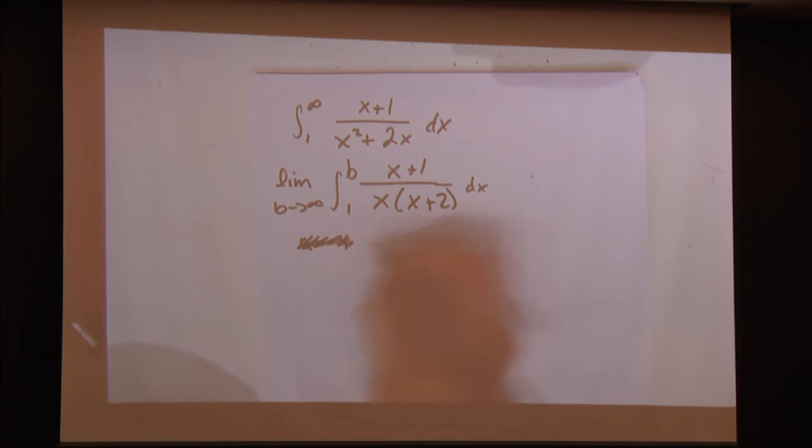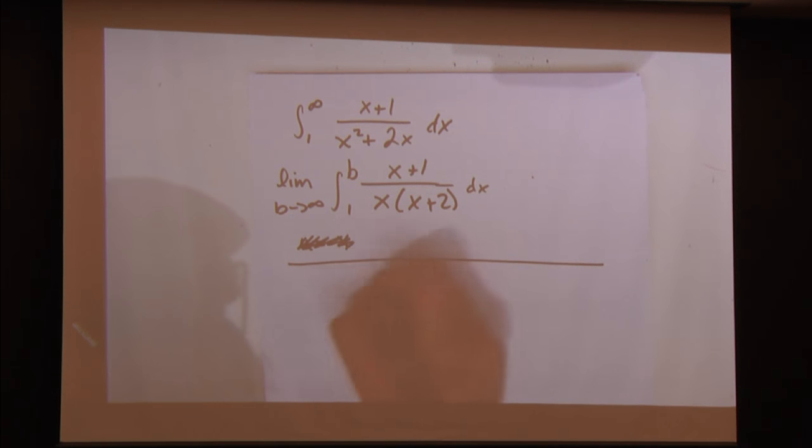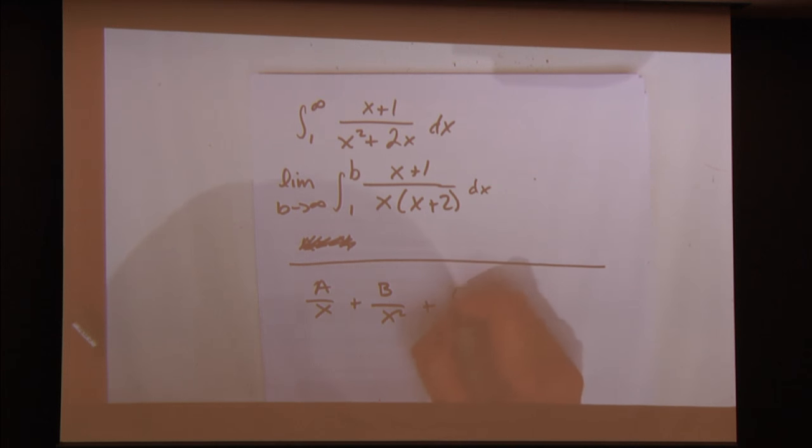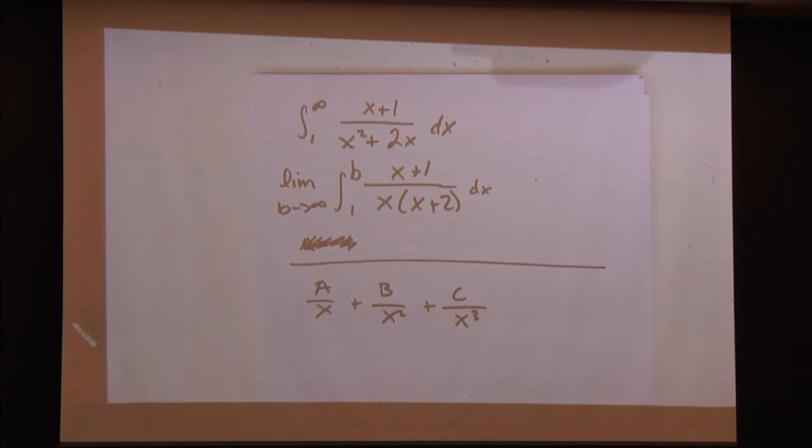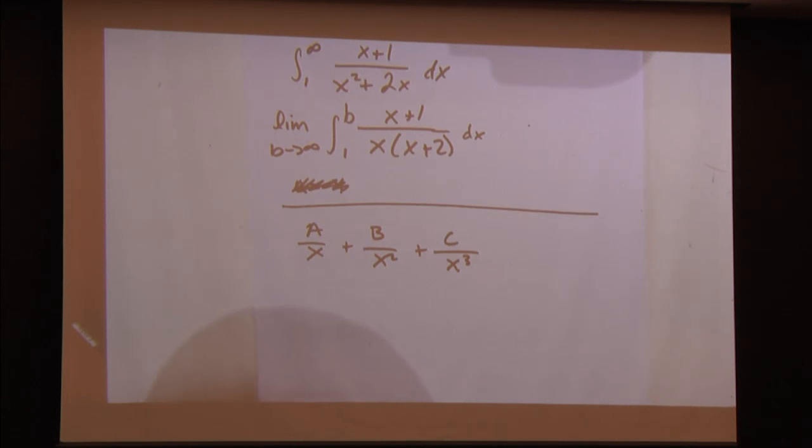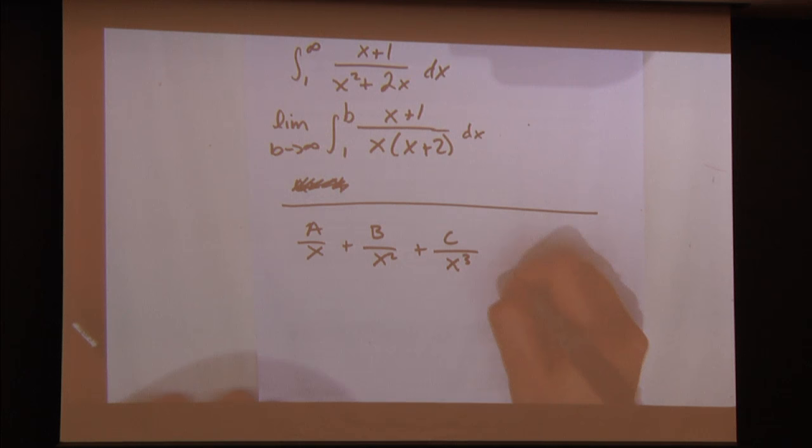Okay, so partial fractions, recap. If you have any kind of x power, it stays a constant because the first original power was an x. This is linear.